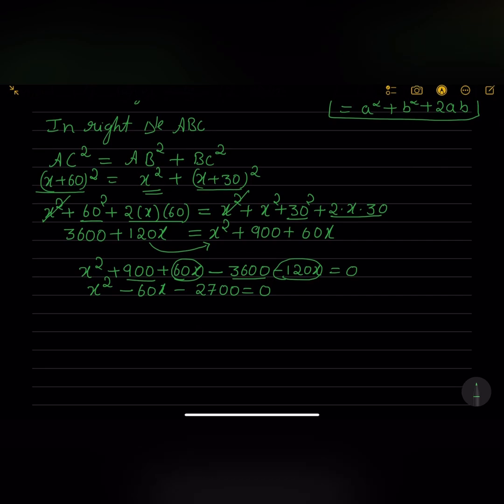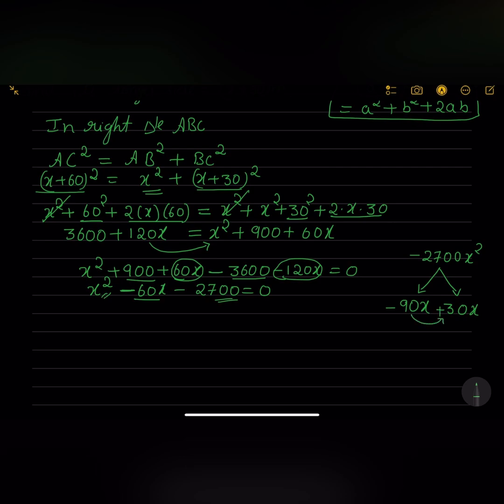Now we can apply the quadratic equation formula, or we can split the middle term and solve it. I'll split the middle term and solve it. If you multiply the first and last terms, x squared and 2700, we get minus 2700 x squared. And if we add or subtract, we should get minus 60. So the numbers are 90 and 30. So 90x and 30x. Now this is minus 60, therefore the bigger number should get minus and the other is plus.